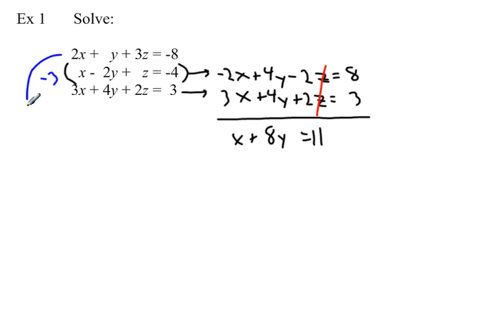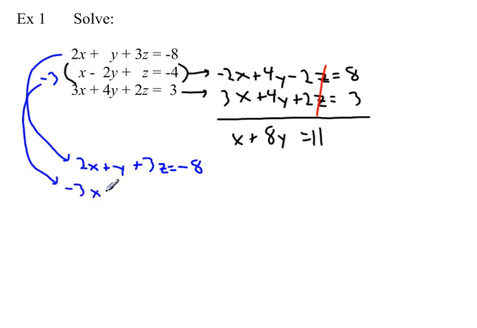So I'm going to bring down the first equation, which is 2x plus y plus 3z equals -8. And if we multiply the second equation by -3 and bring it down, we get -3x plus 6y minus 3z equals 12.